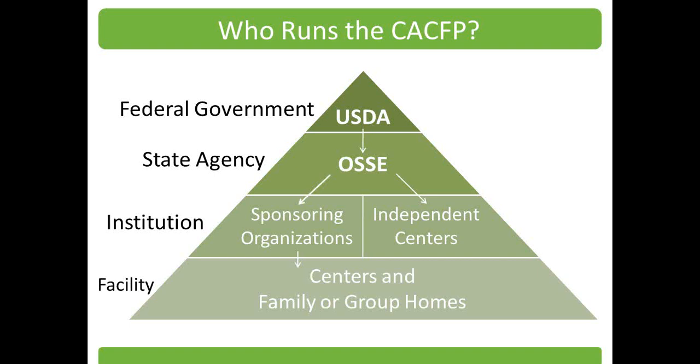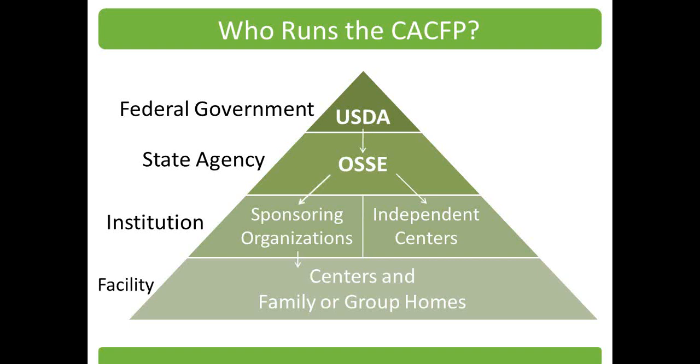The term institution just means an organization that works directly with the state agency. An institution could be an independent center, which is a direct care provider, like a child development center, that operates a single location. An institution can also be a sponsoring organization, which is an organization with multiple locations, or an organization that supports other centers or family daycare home providers in the CACFP.